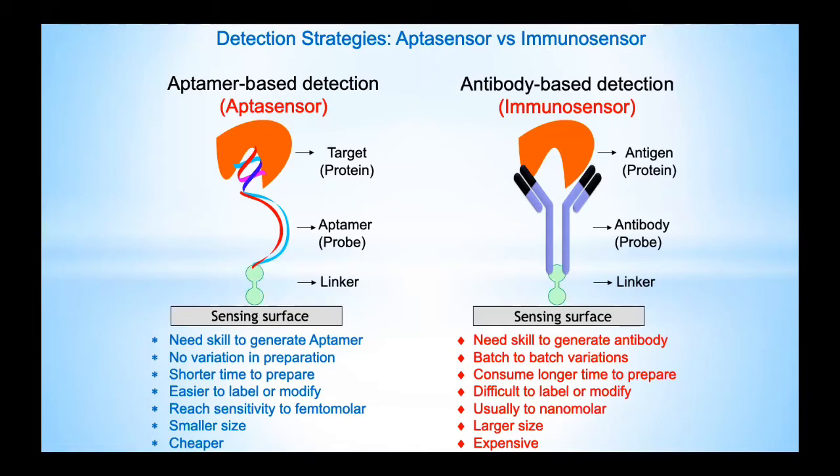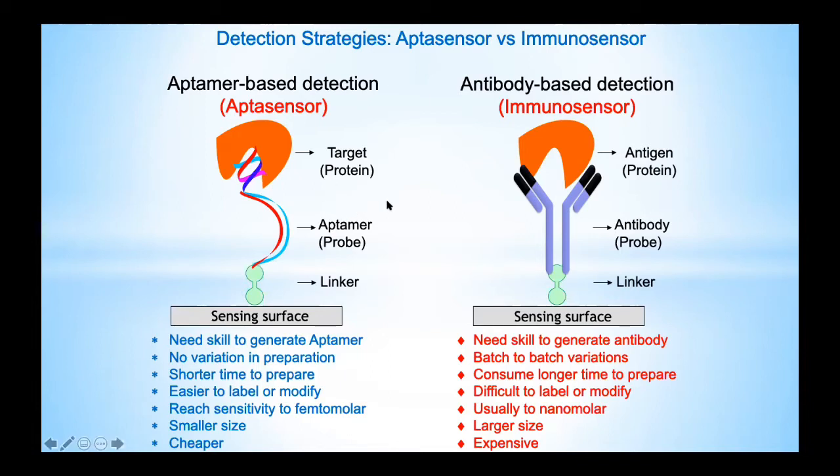However, in terms of selectivity, antibody is known to have a better selectivity or affinity towards target compared to aptamer. So in short, there are a few advantages and disadvantages using aptamer.